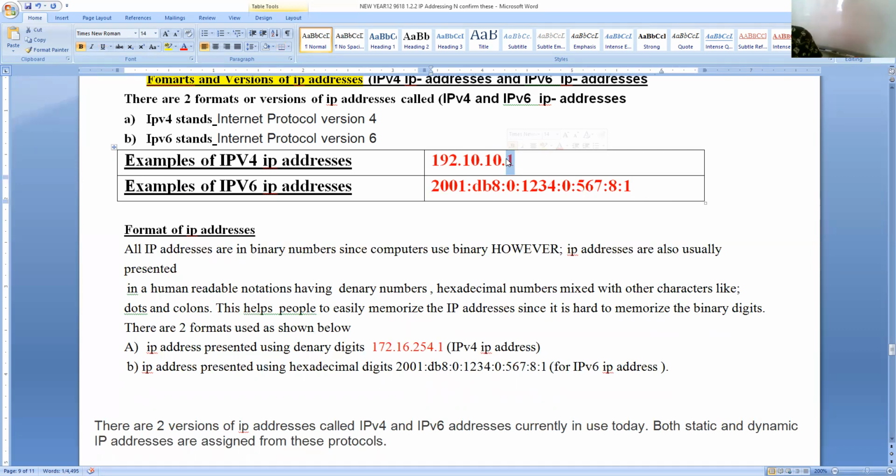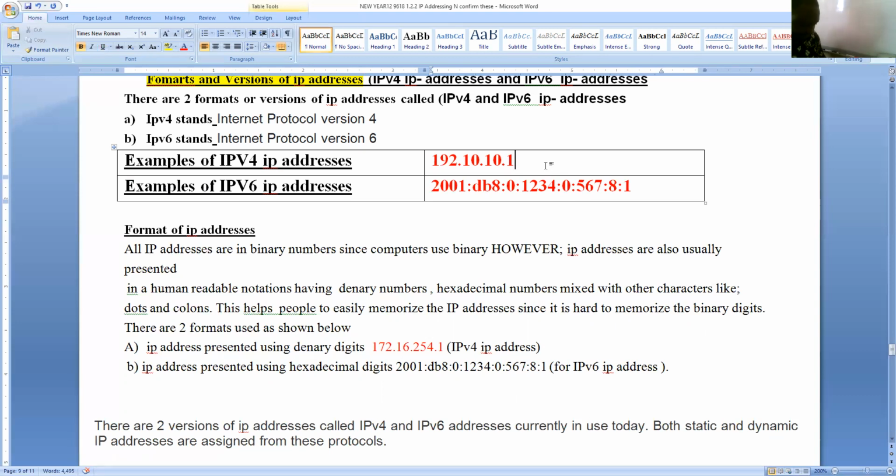That's the first difference. IPv6 has got 8 parts. Are you writing down? IPv4 has got 4 parts. Then IPv6 has got 8 parts. Yeah, that makes sense. That's the first difference.